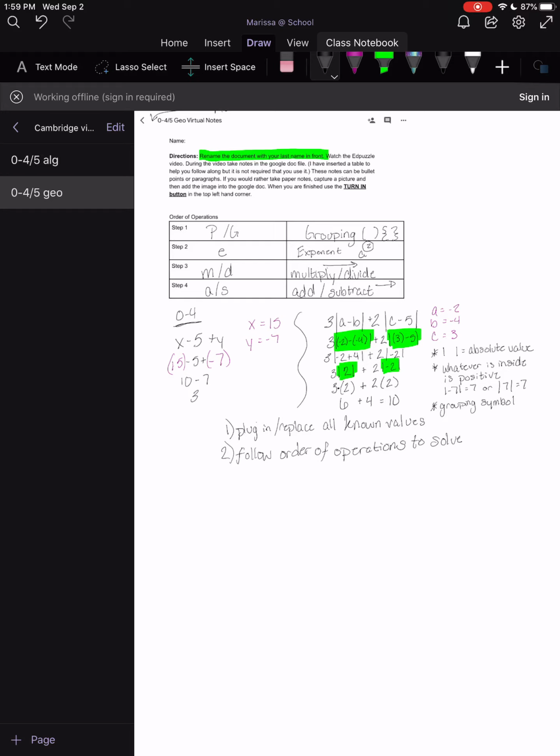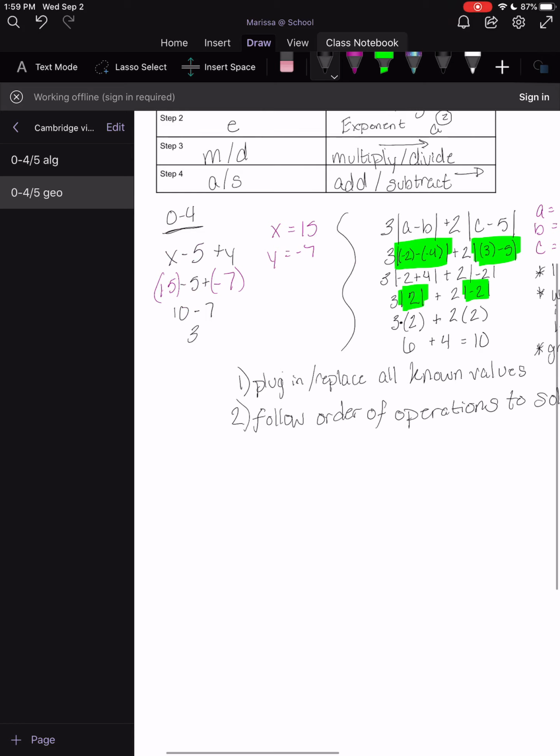Okay, so the next thing is going to be the problem that I give you, but I'm not going to help you with. Your problem is going to be 2d minus a, all over b.